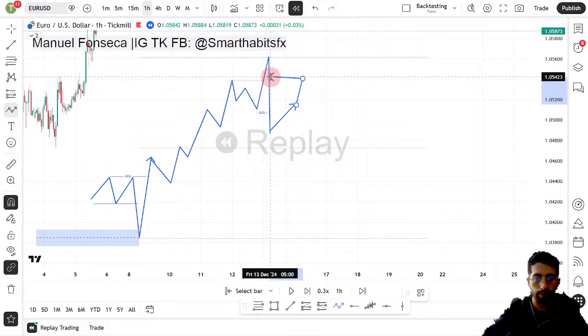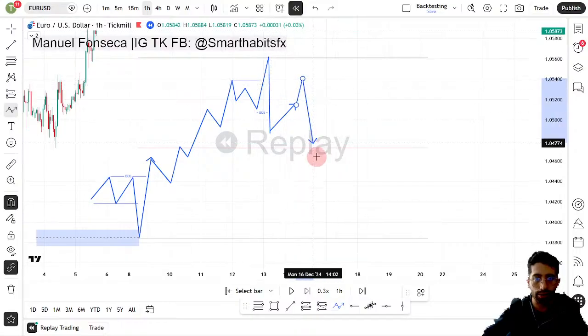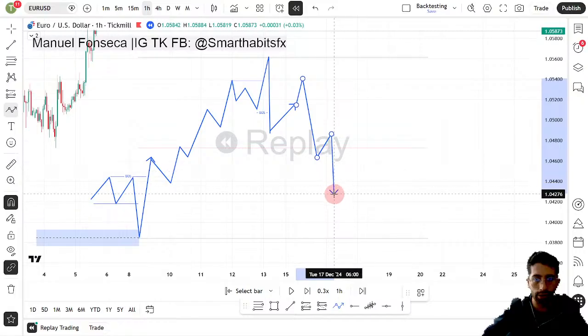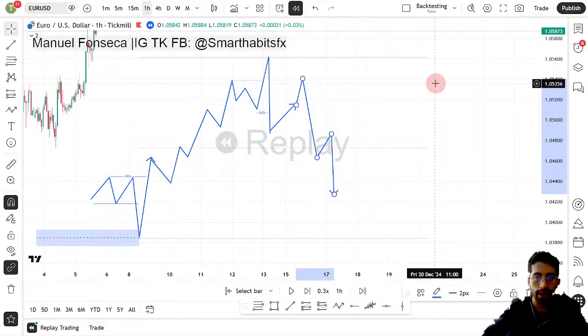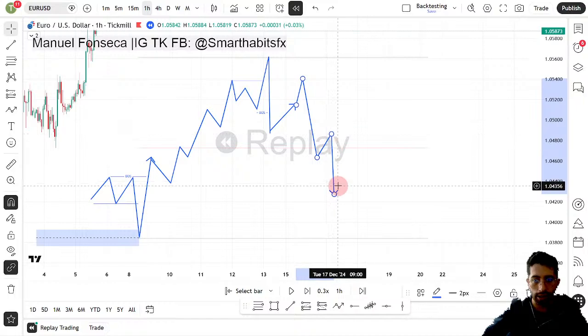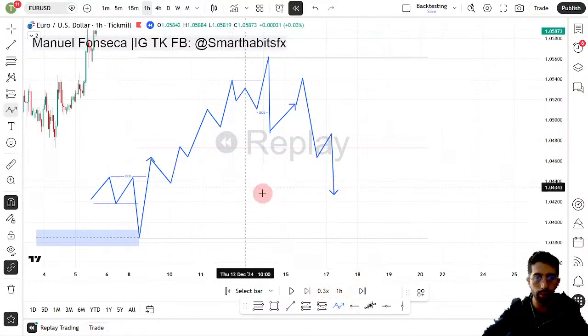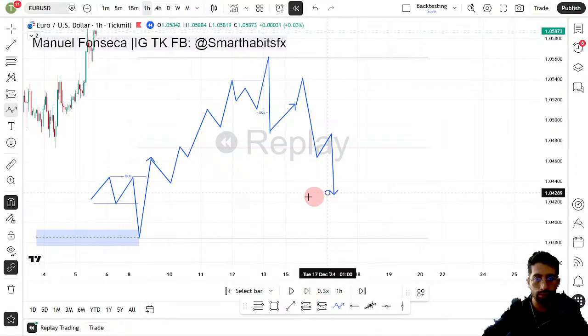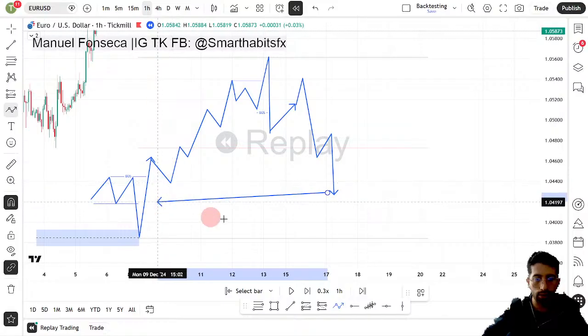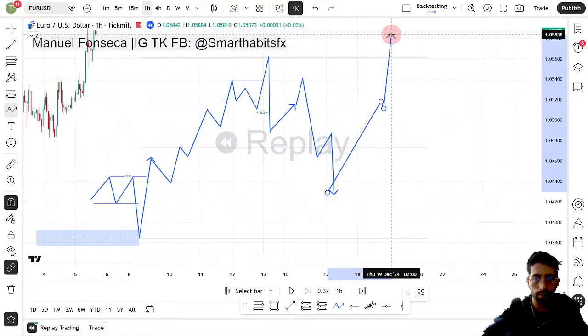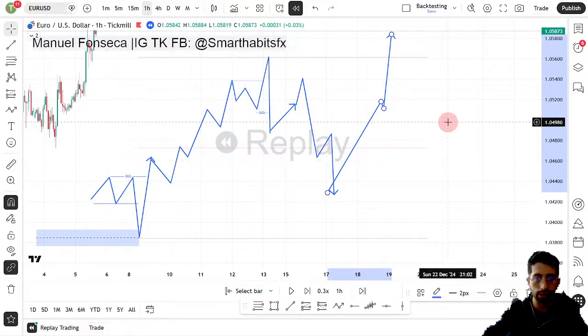Enter any point of reaction or point of interest here and go to the downtrend, right? In this case, we can take the money of the retracement, or we simply wait for the price to get to some of the reacting areas, for example these order blocks, and continue with the bullish impulse or bullish trend, which is this case.